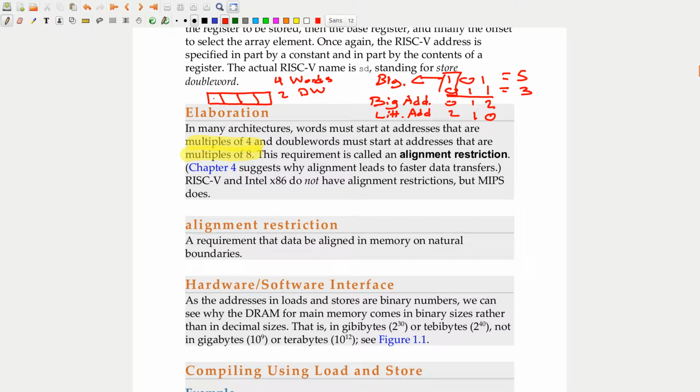Which makes sense, because if this is 4, this is 4, this is 4, this is 4, that means we have 16 total bytes. So we can either store 2 double words, because these are 8 bytes, or 4 words, because these are 4 bytes each.